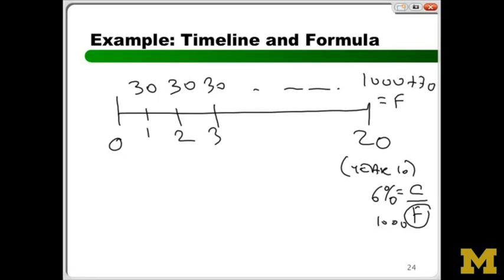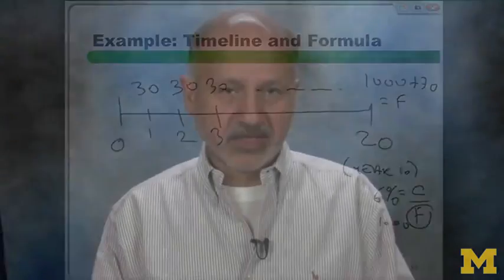So how many 30s are you getting? You're getting 20 30s, and how many thousands? 1. Doesn't this remind you of the loan? So 30 reminds you of what? The payment you pay on the loan. The only difference between this and a standard loan is that the face value in a standard loan is not there. You're just paying PMT, PMT, PMT, PMT.